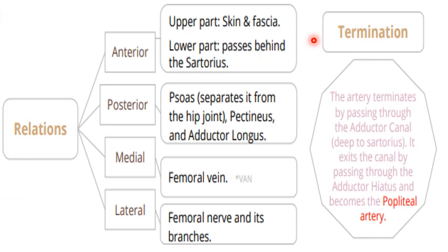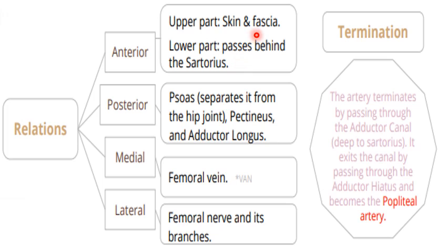So an overview of the relations of the femoral artery. Anteriorly, it is the skin and the superficial fascia, and it is the sartorius also, which passes anteriorly, because just behind the sartorius, or beneath the sartorius, is the adductor canal, within which the femoral artery is related to all these nerves, the saphenous nerve we said.